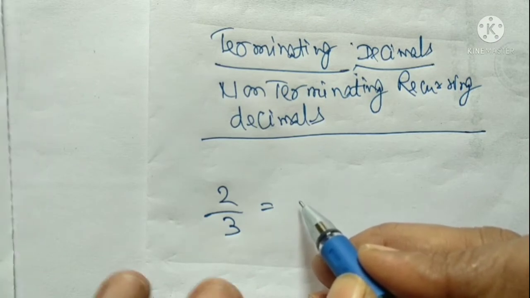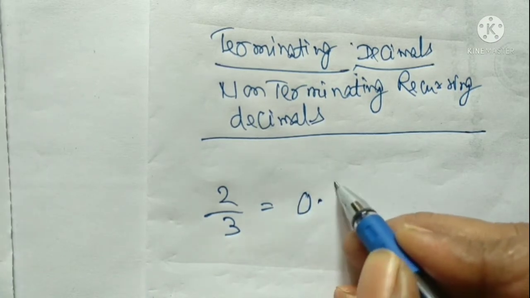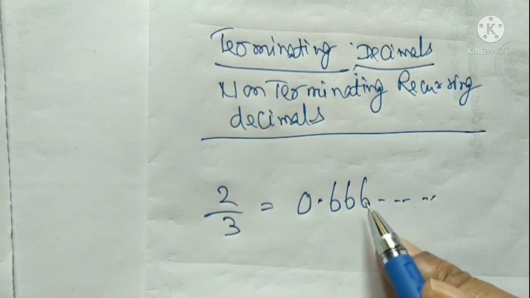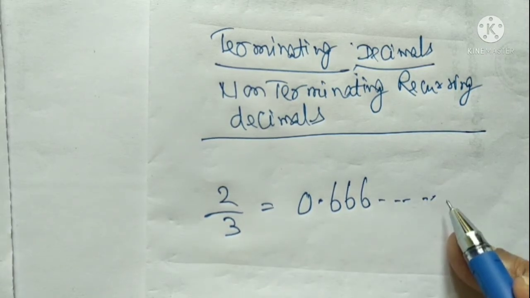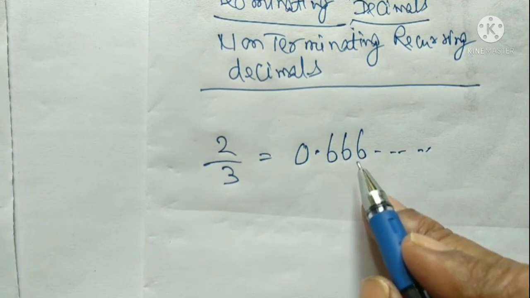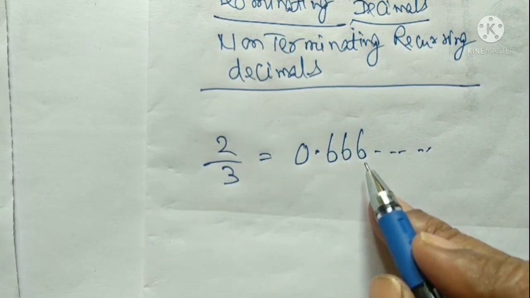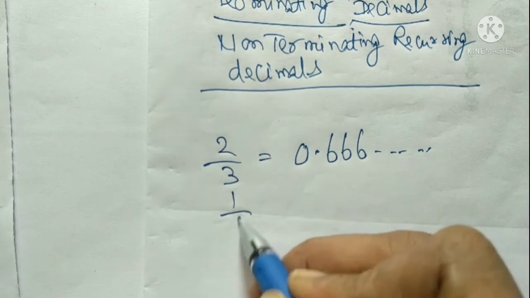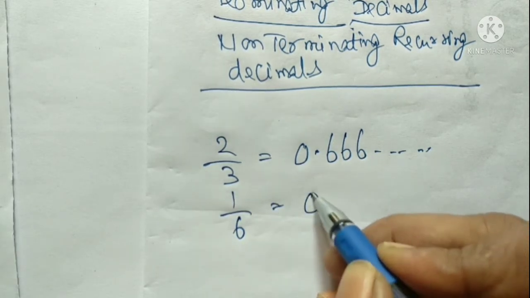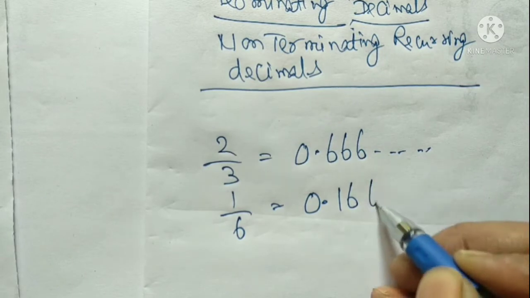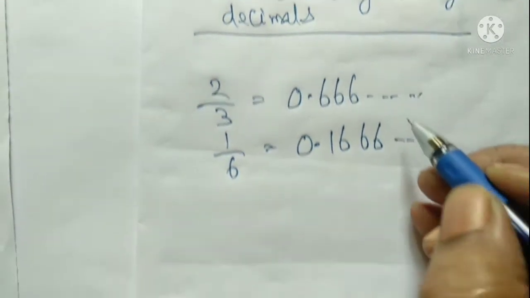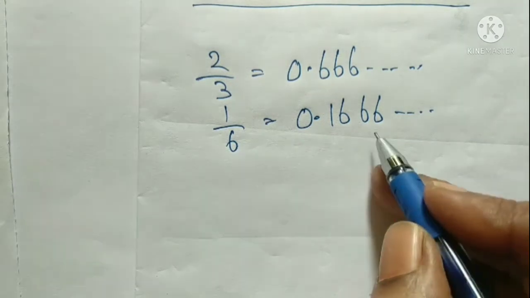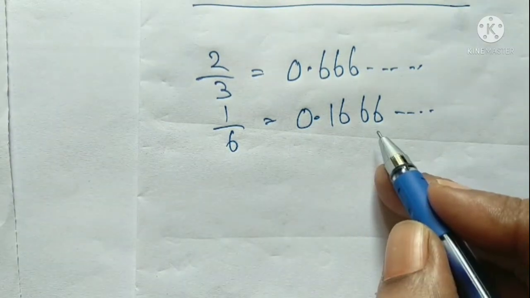If you divide 2 by 3, then the answer will be 0.666 and so on. Means the 6 will continue. In this case, this is called non-terminating. And then 1 by 6 is equal to 0.1666 and so on. This is also non-terminating. Means in this case, the remainder is not 0.